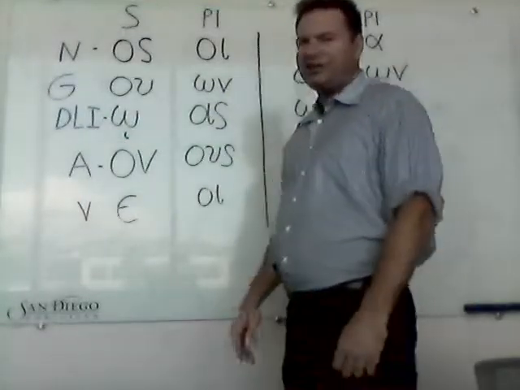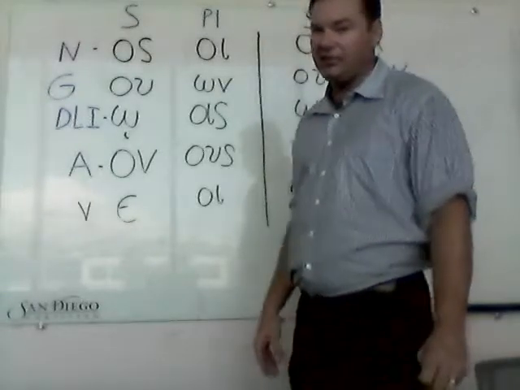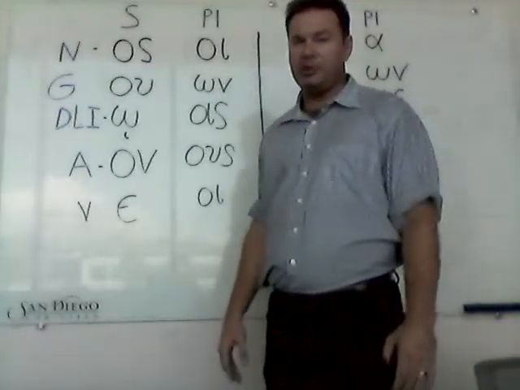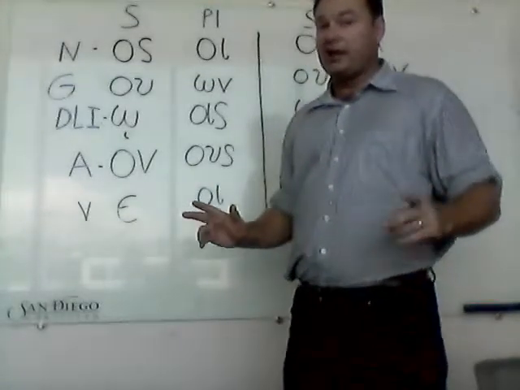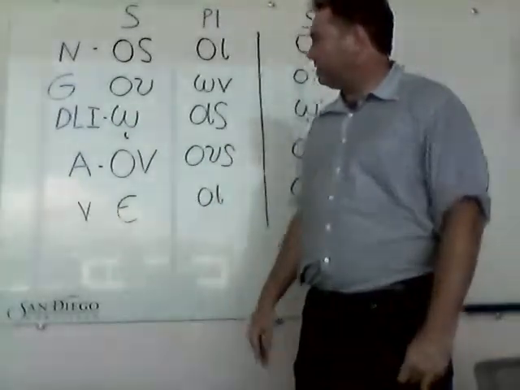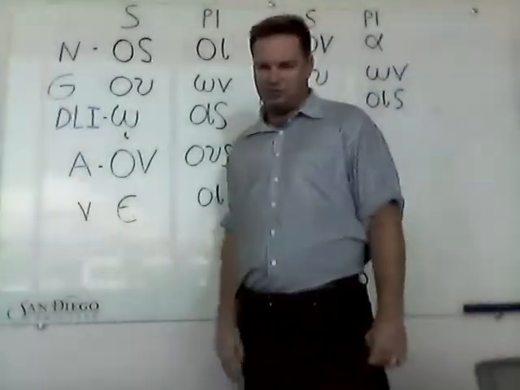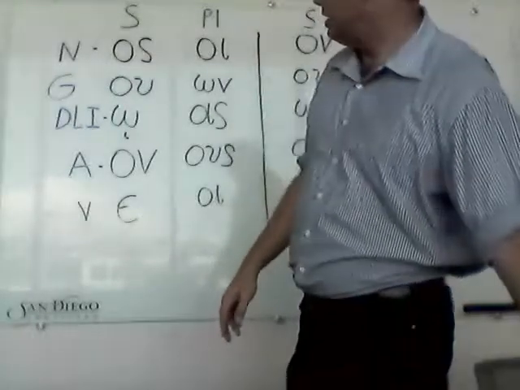DLI stands for dative, locative, and instrumental. D for dative, L for locative, I for instrumental, because those 3 different case functions share this form. A stands for accusative, and V stands for vocative. And I just realized I forgot something very, very important.